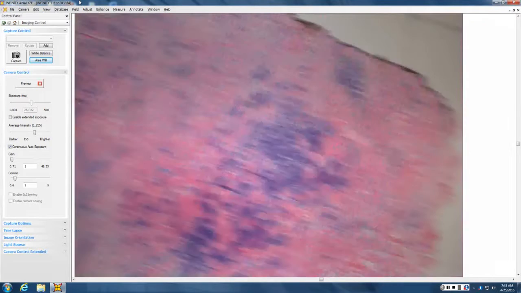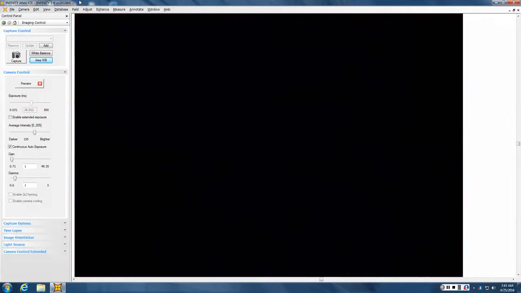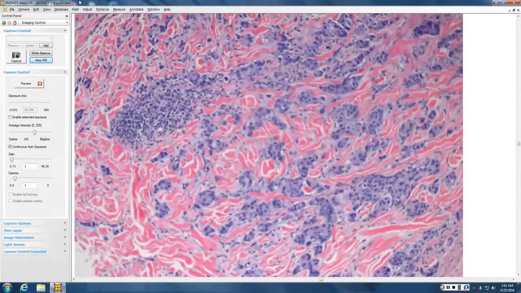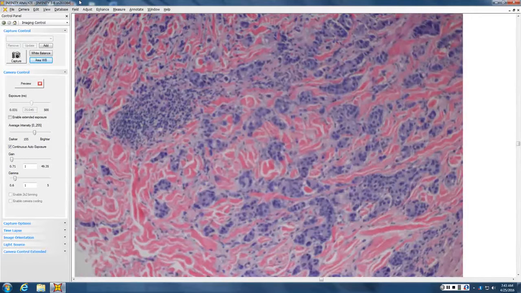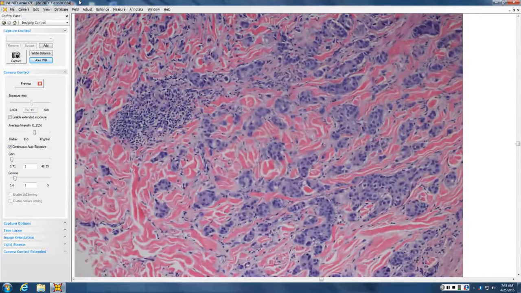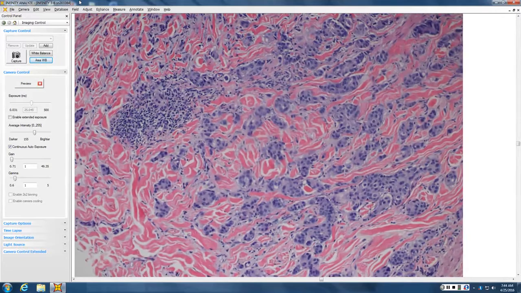So this one, Jessica, you want to? Yeah, it looks like there's an infiltrate that some of the cells appear to sort of line up, which made me think of breast cancer and metastatic breast cancer.